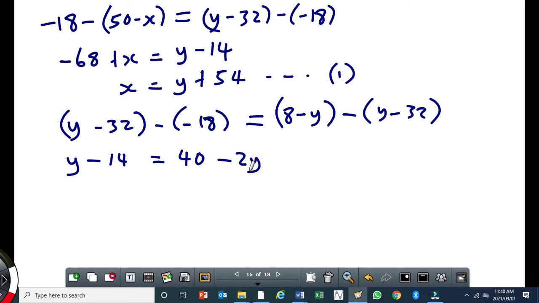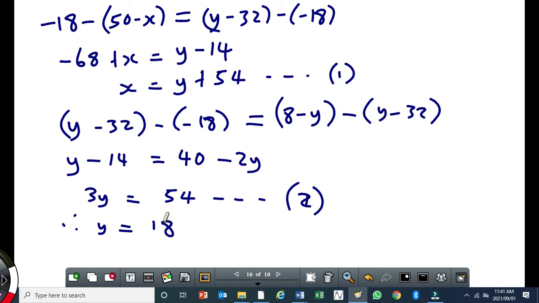So I can take the minus 2y. I'm not supposed to be teaching the basics of equations; that's not grade 11. Take the minus 2y to the left, you get 3y. Take the minus 14 to the right, you get 54. I can call that my equation 2. Since it's a linear equation in one variable, y is going to be 54 over 3, which gives 18.